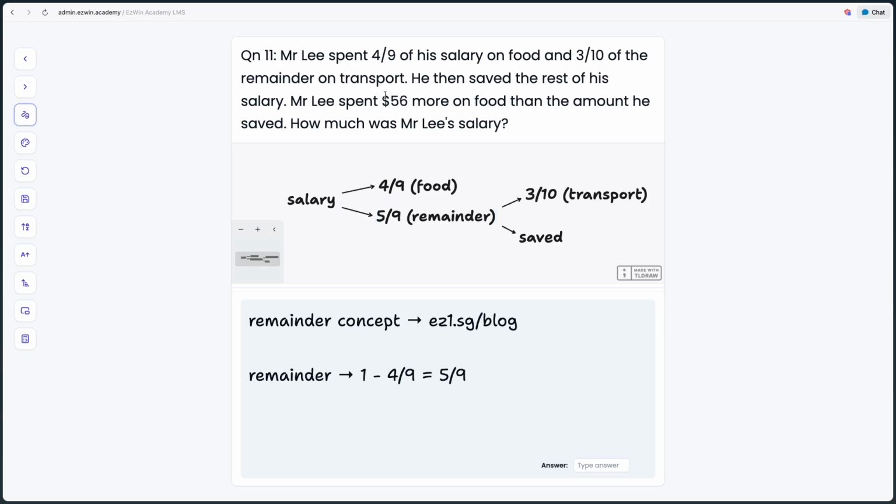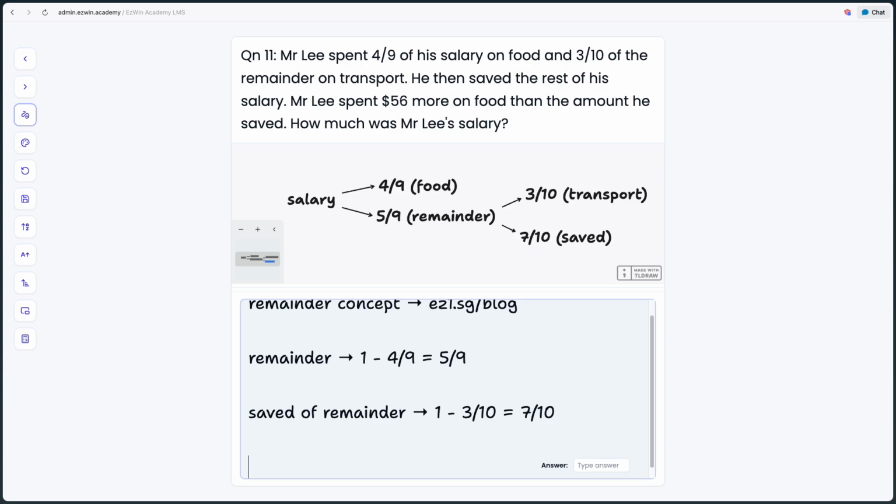The next thing is, we know that he spent $56 more on the food than the amount he saved. So for the amount he saved, from the remainder, it's basically 1 minus 3 out of 10, and this gives us 7 out of 10. So that means he saved 7 out of 10 from the remainder. Okay, so saved the rest of his salary, 7 out of 10.